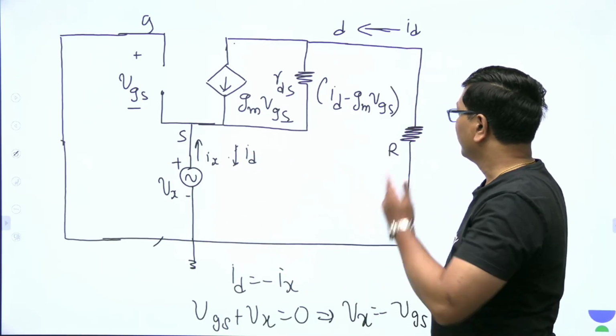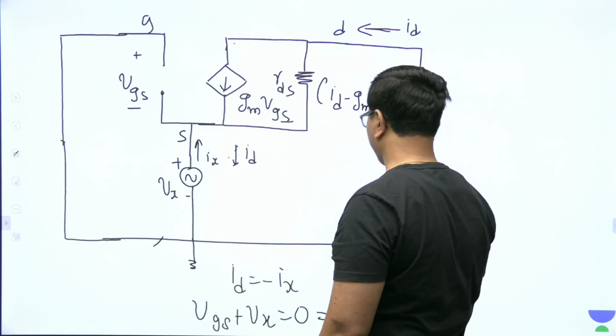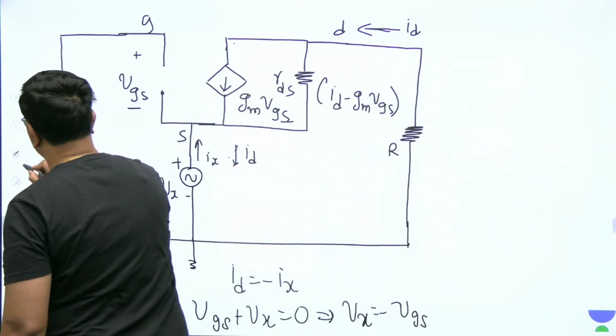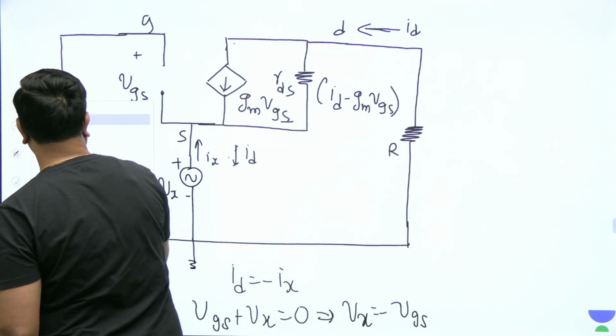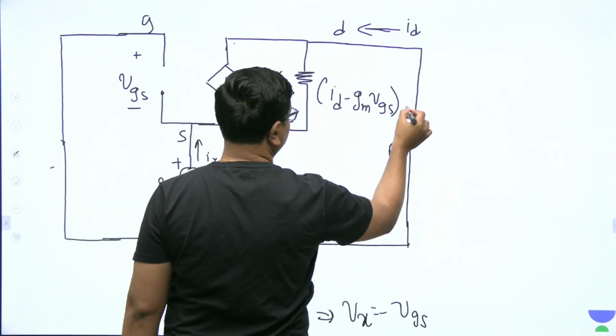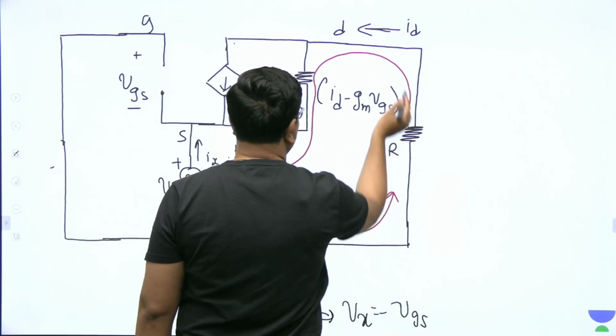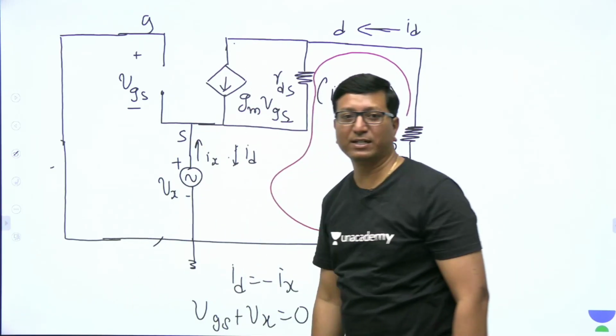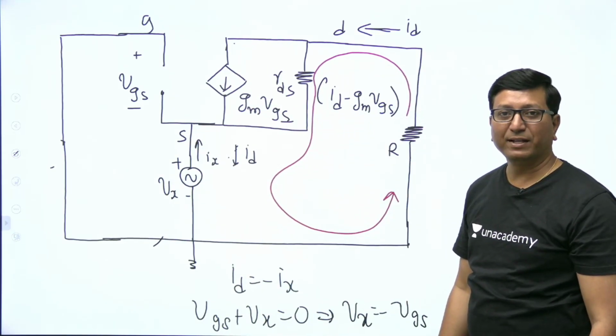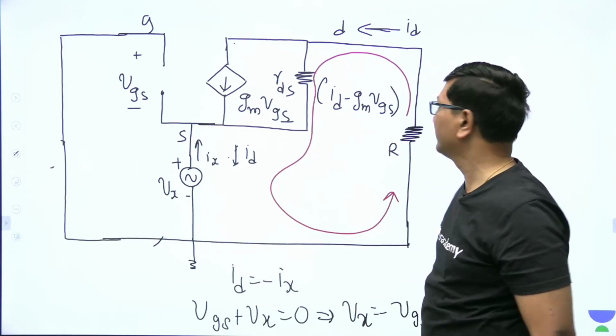This is the relation between VGS, Vx, Ix and ID. Then here I am taking this loop equation. If I take this loop equation, what can we write?